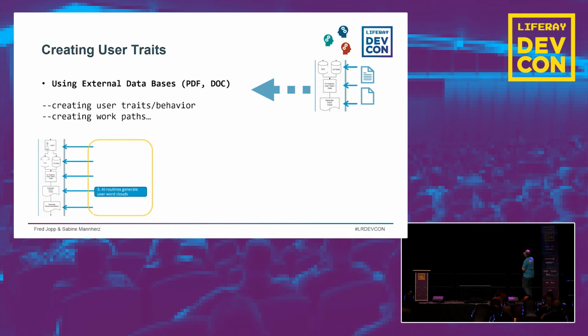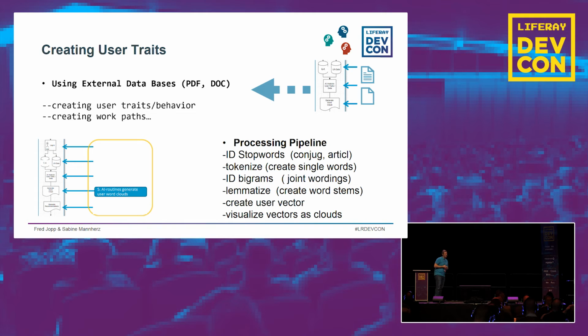We use those things for creating user traits and behavior, creating some kind of work paths. The way we worked on that is we had a processing pipeline where we first did classical NLP, natural language processing.